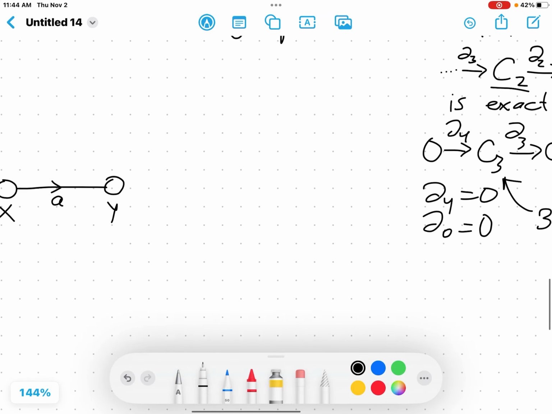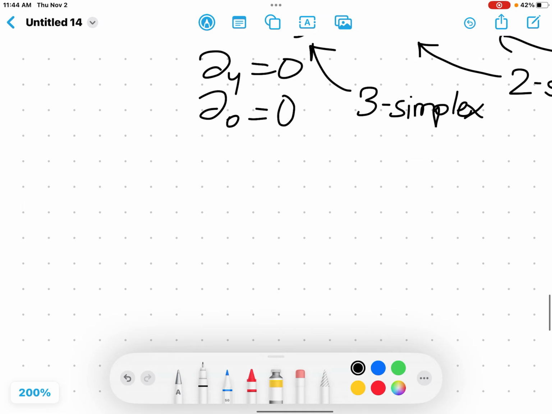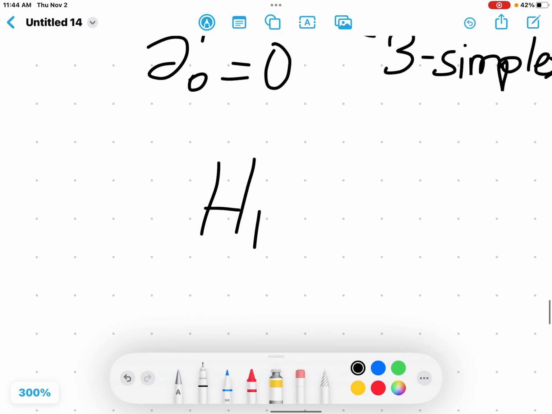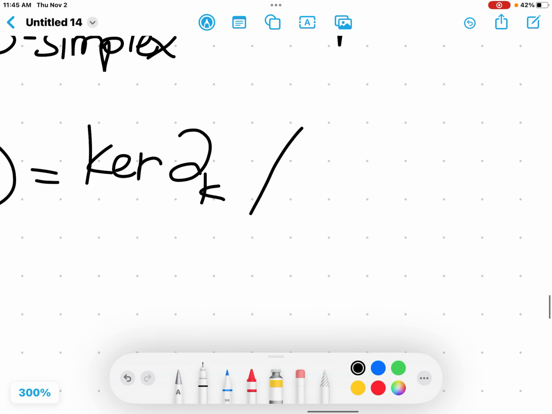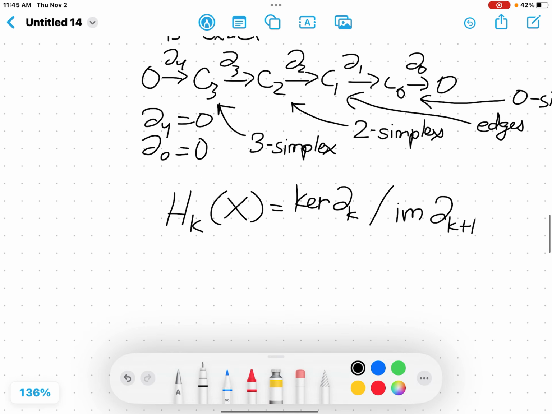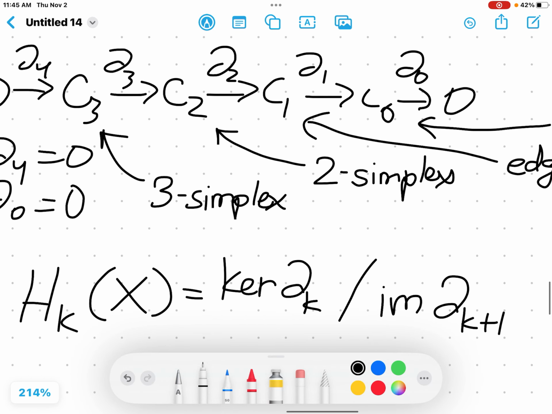Okay, so let's lay down the definition of a homology group. Given the definition of a chain complex, the kth homology group of X is equal to the kernel of del k mod the image of del k plus 1. So if I want to find the zeroth homology group, I'm going to first find the kernel of del 0.